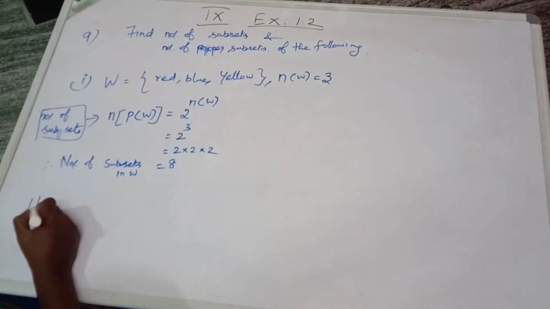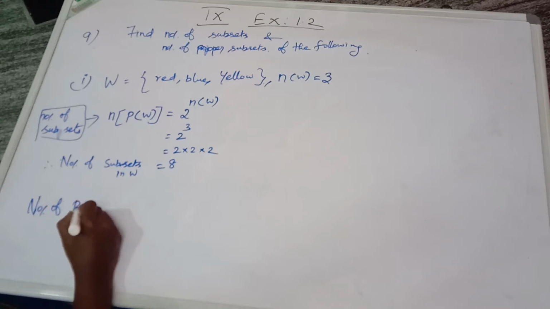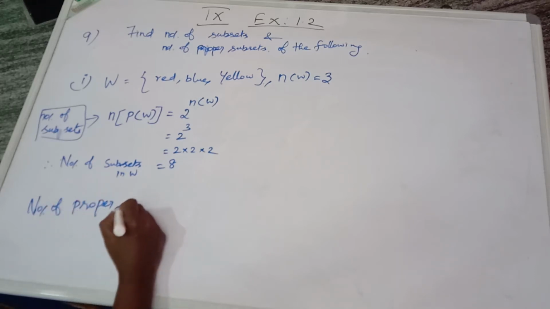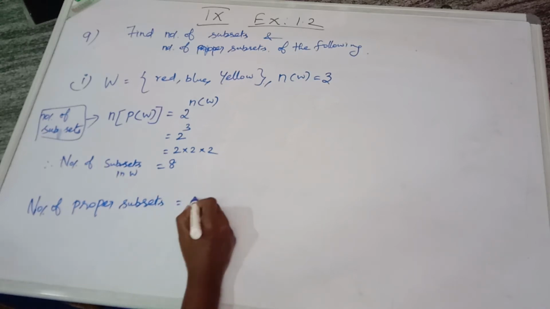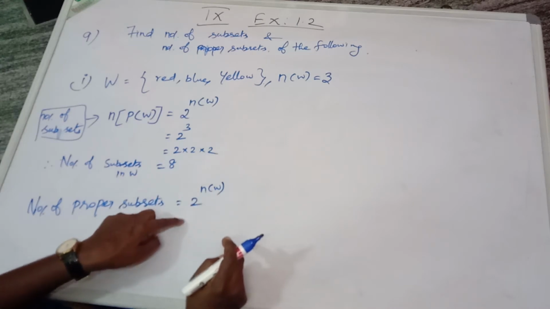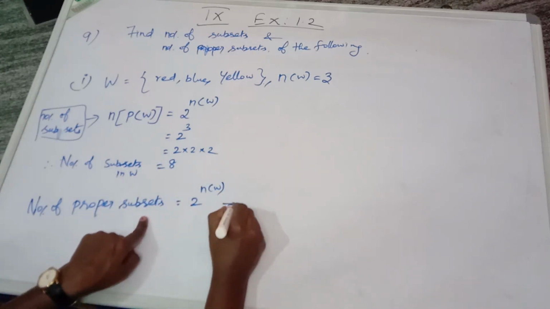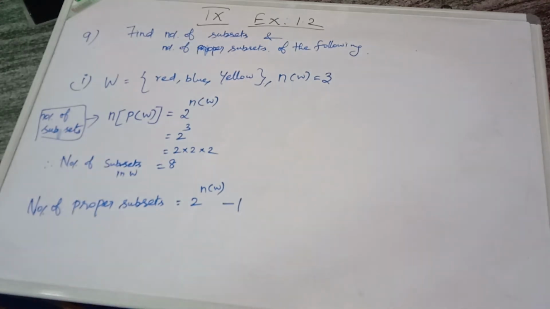Then what is the number of proper subsets? How do you find it? Number of proper subsets is 2 power n of W. It is the formula for finding subsets. For proper subsets, you have to subtract 1 from this.